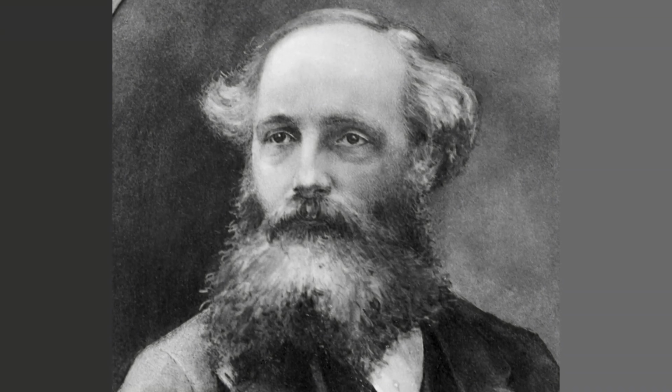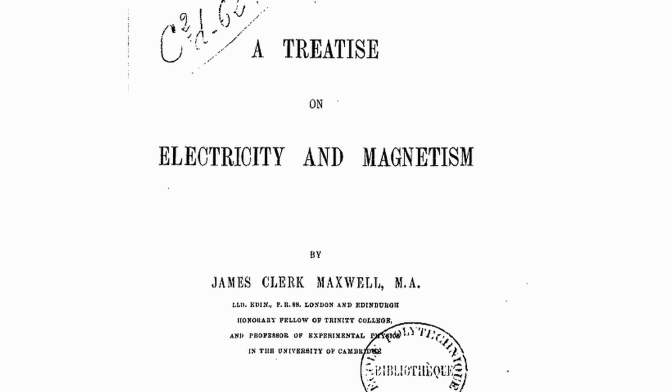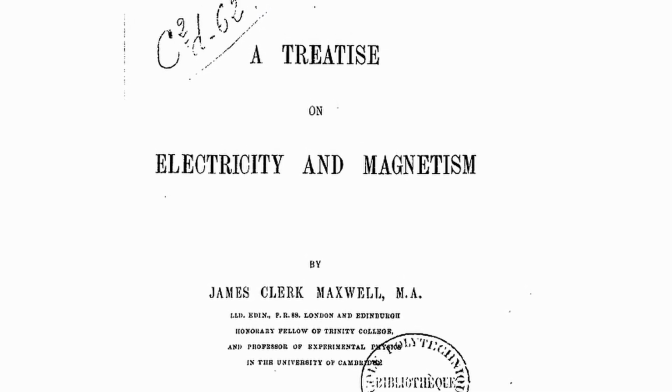James Clerk Maxwell of the Maxwell equations was a close friend of Tait's during their college days. And largely due to Tait, Maxwell made use of quaternions in the second edition of his treatise on electricity and magnetism. The war of words between the quaternionists and those supporting a simpler approach got quite heated.